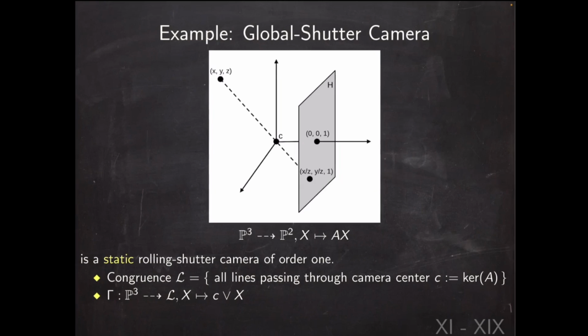So this map that eats a point in P3 and assigns the unique line passing through it is simply taking the span of the point X with the camera center. That's all very, very easy, but it's a good sanity check. So the congruence is order 1, and this map, gamma, I call it here, shows us that it indeed has order 1. And this lambda inverse would just take all the lines on the congruence and cut them with a fixed image plane. Yeah, that's all very easy.